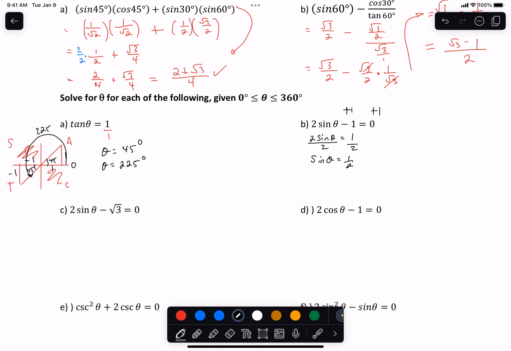I just care at the moment for the answer, for the purposes of this first question that I'm asking myself. Sine is positive. In which quadrants is sine positive? Well, I'm just going to draw my CAST rule. It looks like sine is going to be positive here, and sine is going to be positive over here.